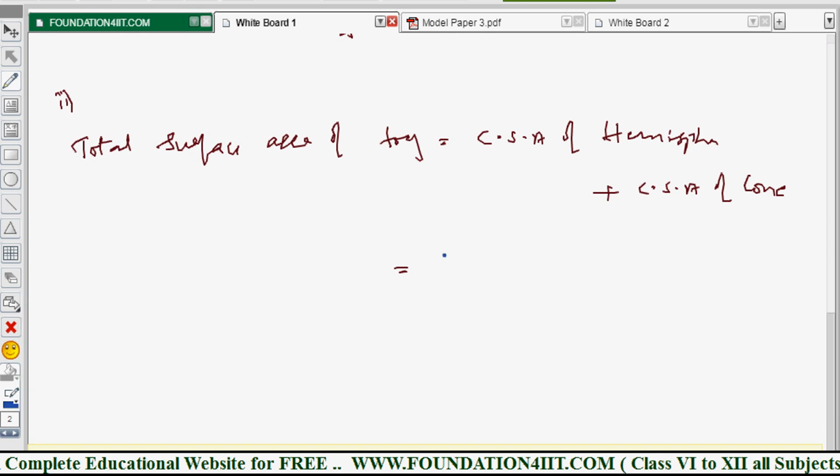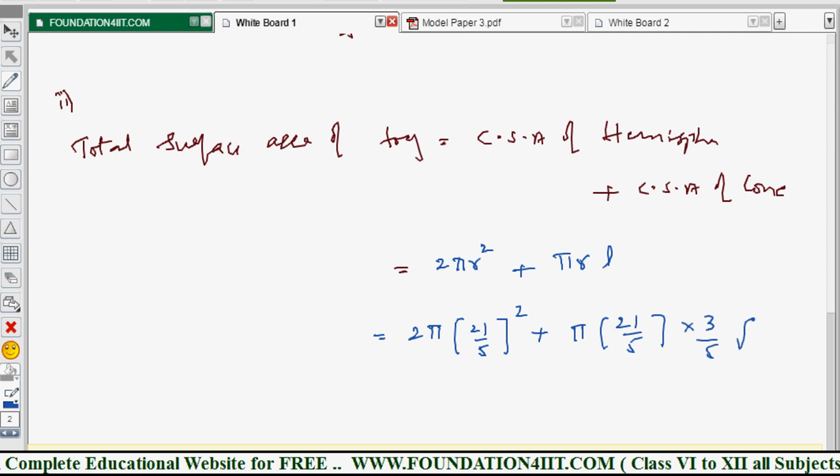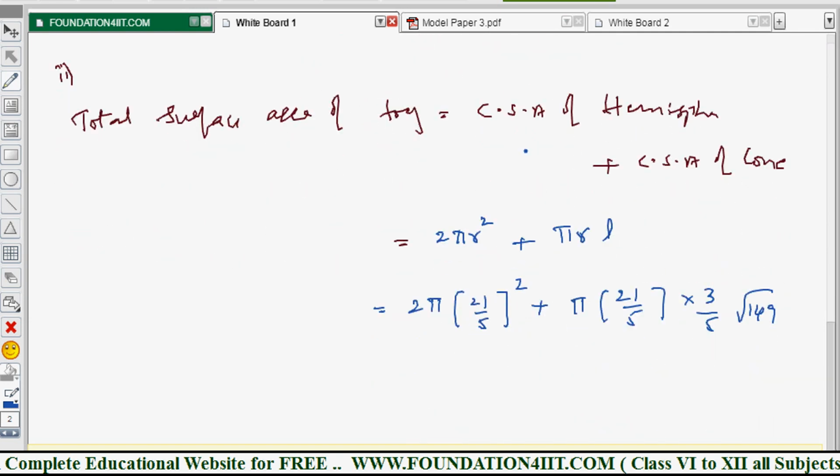CSA of the hemisphere is 2 pi r square, and CSA of the cone is pi r l. Now that we have the L value, substitute: 2 pi into 21 by 5 square plus pi into 21 by 5 into 3 by 5 square root of 149. Because 149 is not a perfect square, you can write it as is. They are asking for up to 2 decimal places.